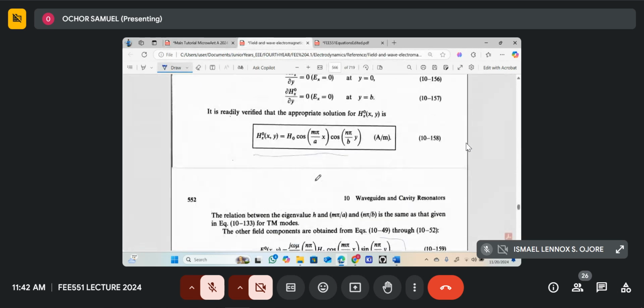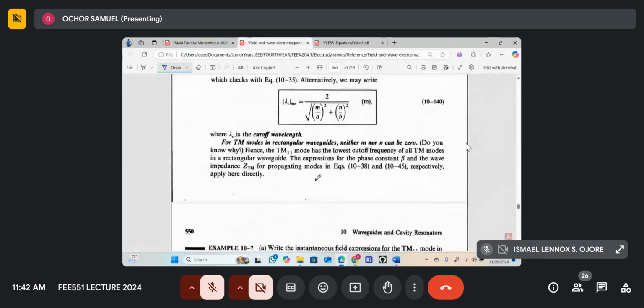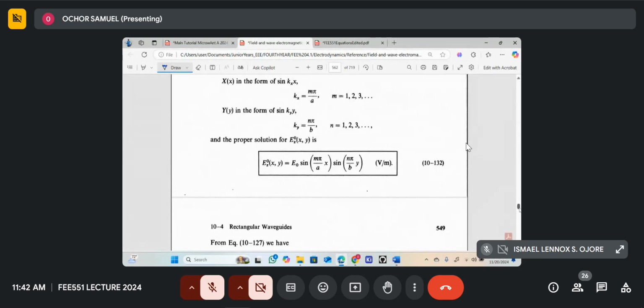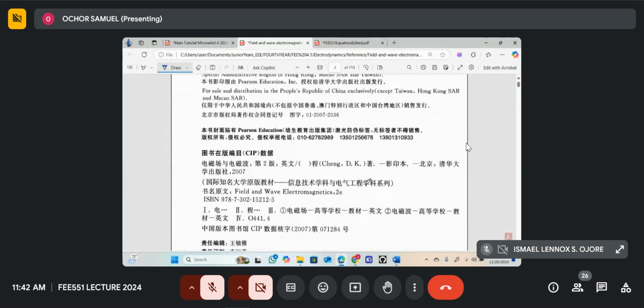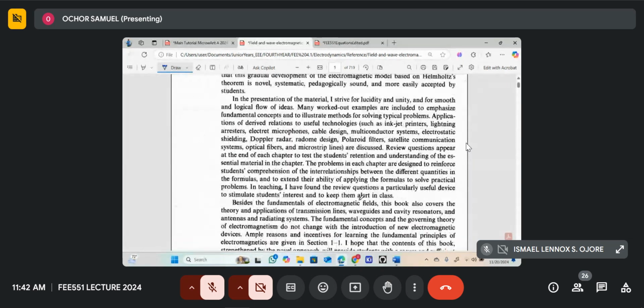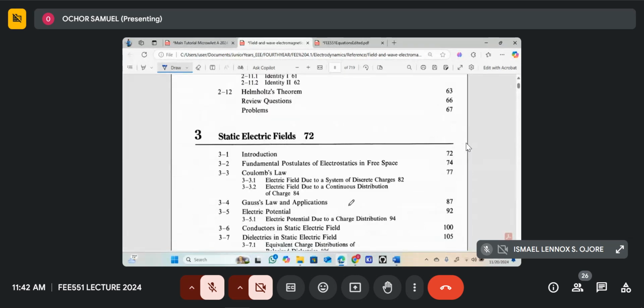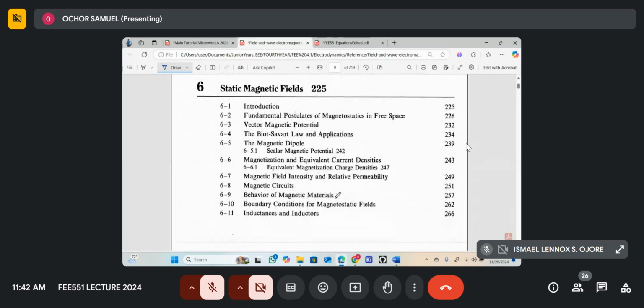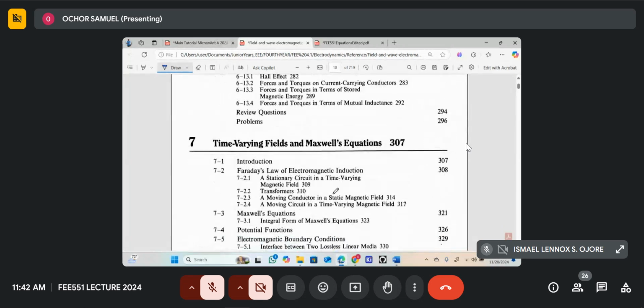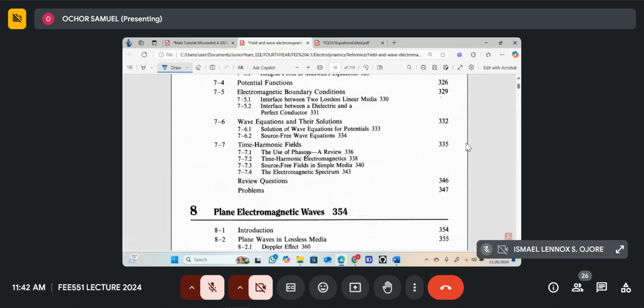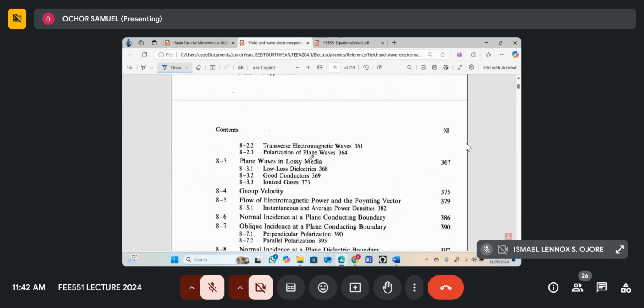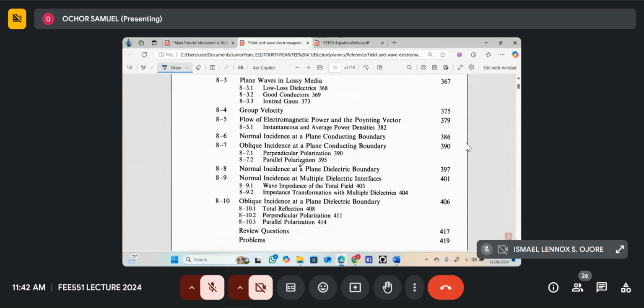Maybe let me scroll. This book, somewhere. A minute. I'll show you where you can find that. Static magnetic fields, electromagnetic plane, velocity.